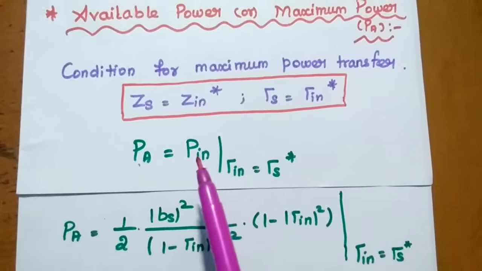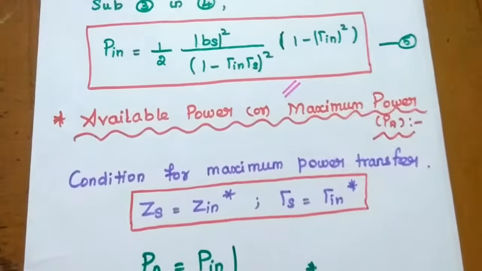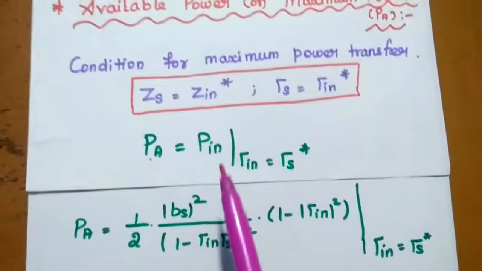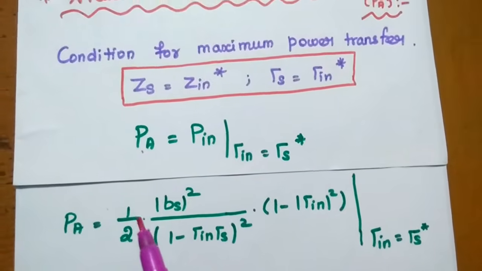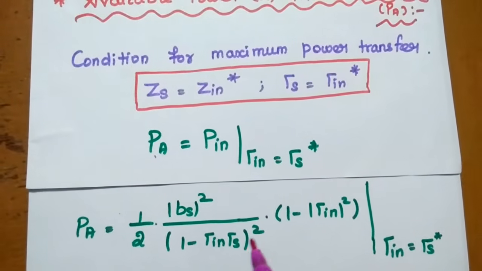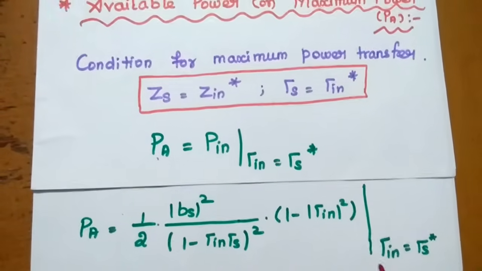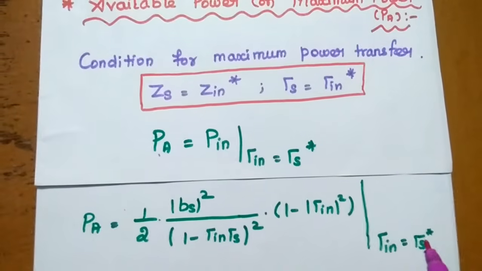Now we can apply the fifth equation, that we have already derived for input power, in this available power equation. So available power is equal to 1 by 2 Bs squared by 1 minus gamma in gamma s the whole squared into 1 minus gamma in squared. The condition for available power is gamma in is equal to gamma s star.